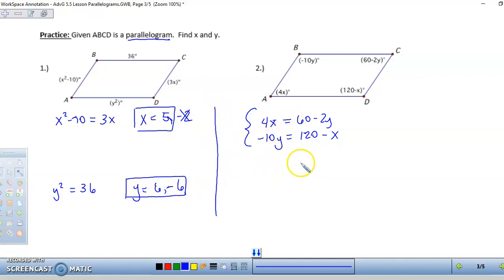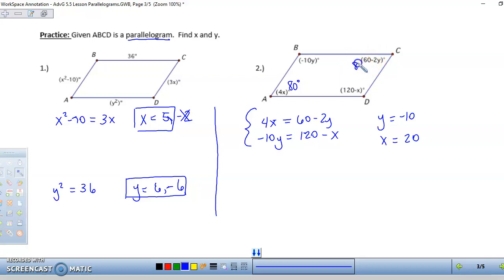Okay, the system, so you're going to want to reorganize that first and then do elimination, probably the easiest. But you should get y is equal to negative 10 and x is equal to 20. And again, I would always double check that those make sense in the picture. So here I get 80 degrees, and here's 60 minus 2 times the negative 10.